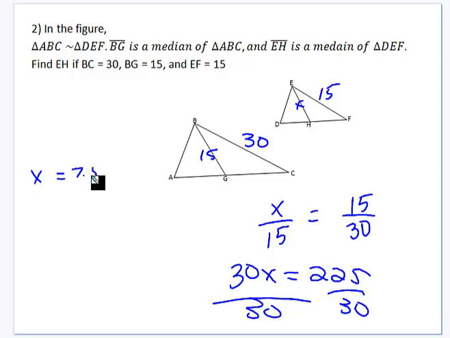So X is 7.5, which is our EH, which is what we were asked to find. Is that one okay? This one said find EH, so I'm going to label it as EH. All right, let's look at another one.